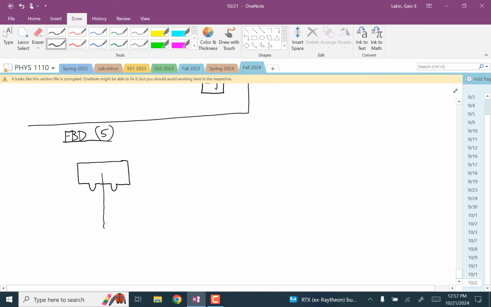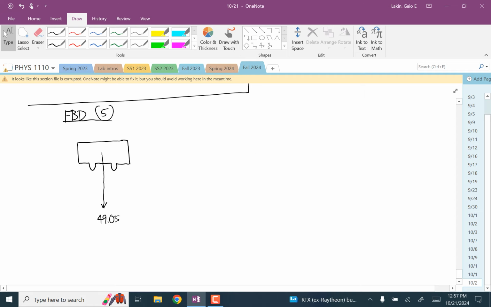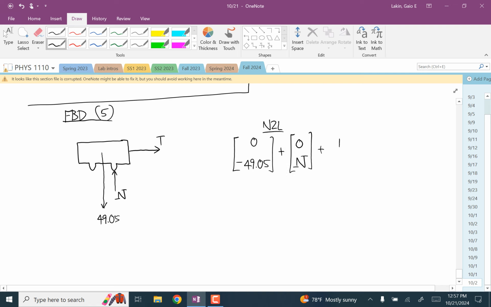There's a weight force down of 49.05. There's a pushing force from the ground, N. And then there's a pulling force from the cable away from the body, and I'll call that T. So Newton's second law says 0, negative 49.05, plus 0N, plus T0, is equal to the mass 5 times the acceleration.